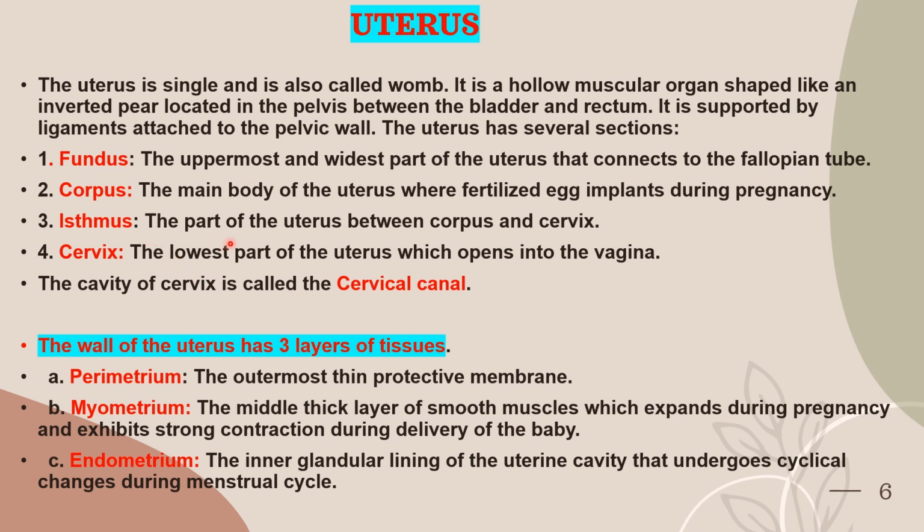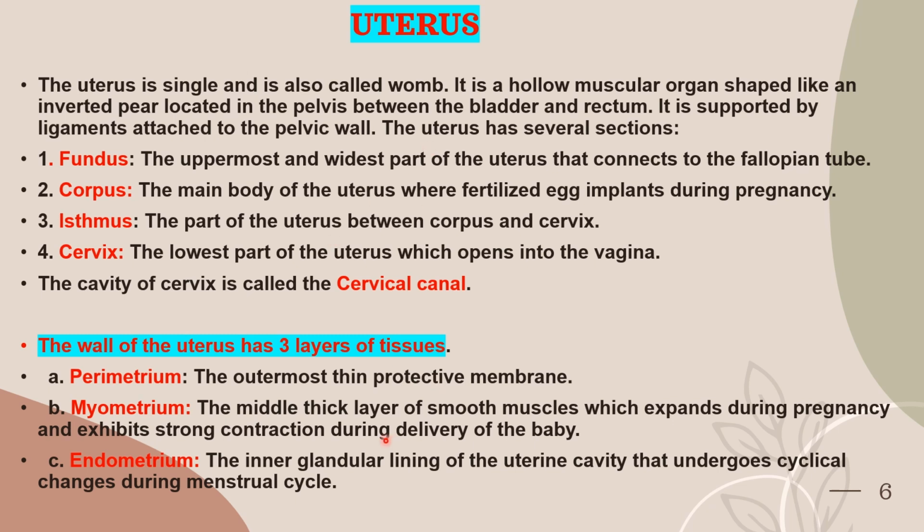The isthmus is the part of the uterus between the corpus and the cervix, and the cervix is the lowermost part of the uterus which opens into the vagina. The cavity of the cervix is called the cervical canal. So these are the different sections: the fundus, corpus, isthmus and cervix, and we learnt about their functions.